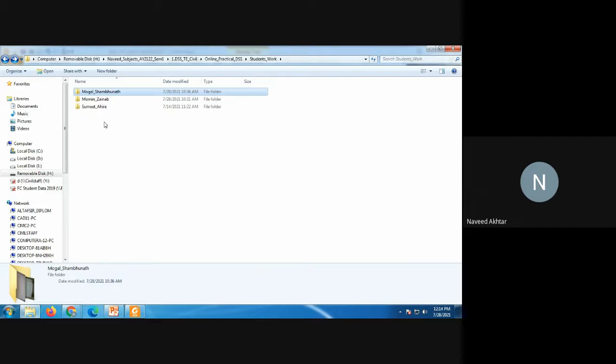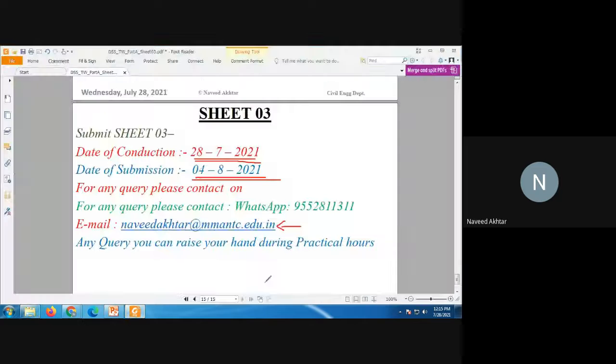Save sheet number 1, sheet number 2. The file name should be such that first you write down your name. When you are saving the file, first you have to write down your name.